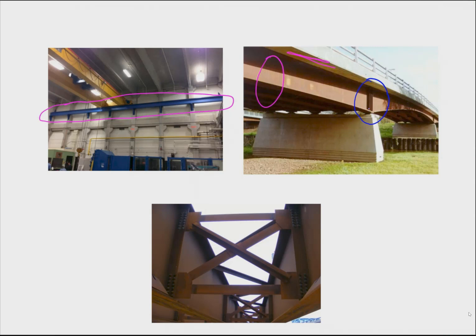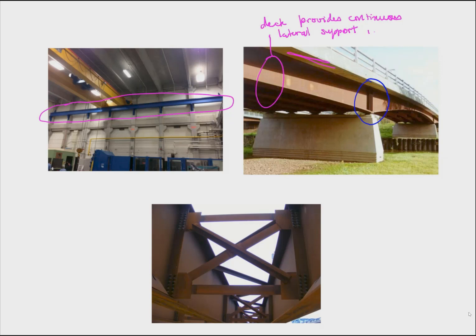So lateral support is provided by cross frames, and so there is a distance between cross frames over which the beam is not laterally supported. So in this region, the deck provides continuous lateral support in the positive moment region.